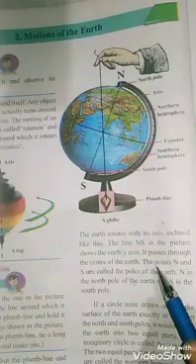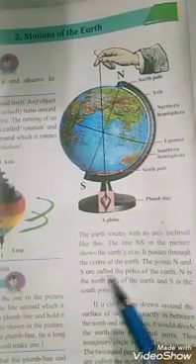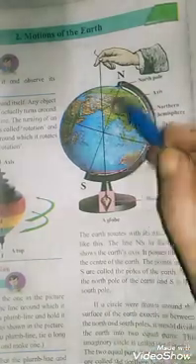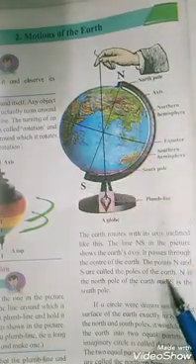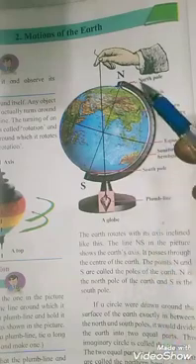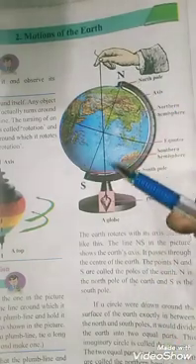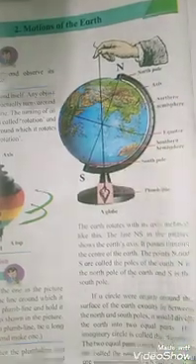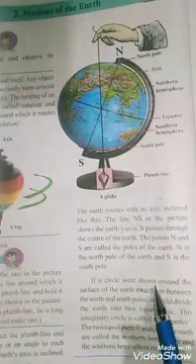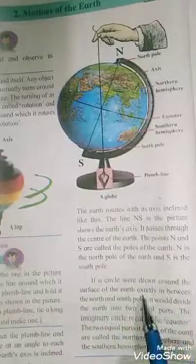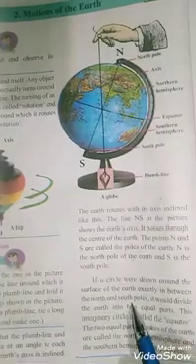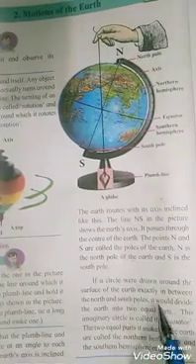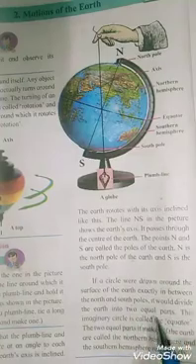The points N and S are called the poles of the Earth. N is the North Pole, as I told you earlier, and S is the South Pole. If a circle is drawn around the surface of the Earth exactly between North and South Pole, it would divide the Earth into two equal parts.